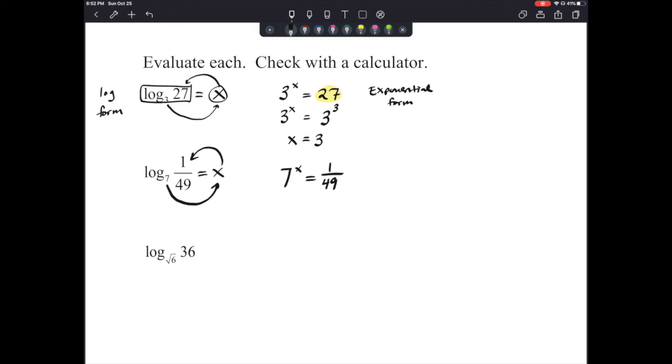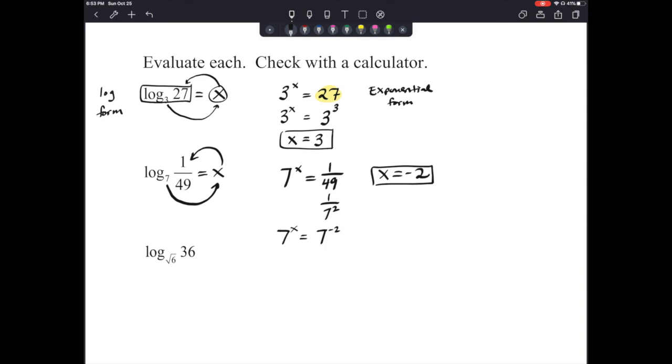We know that 1/49 is the same thing as 1 over 7 squared, which if I move my 7 squared to the top, I get 7 to the negative second power is equal to 7 to the power of x. And we know that x is going to equal -2. Now you can type it in the calculator to check it, but I'm telling you that we're right. So x equals -2, just like x equaled 3 on the previous problem.